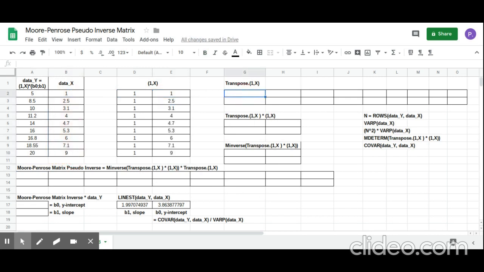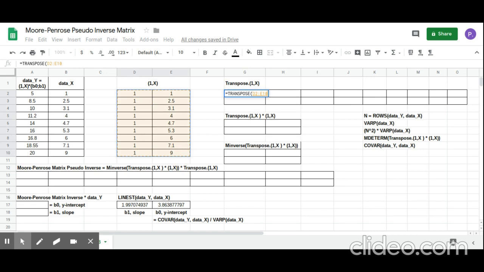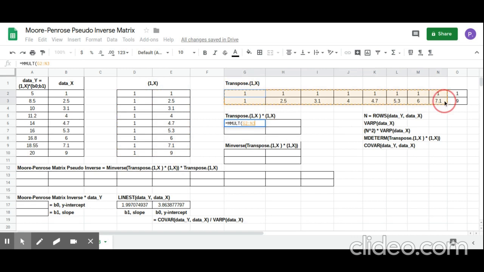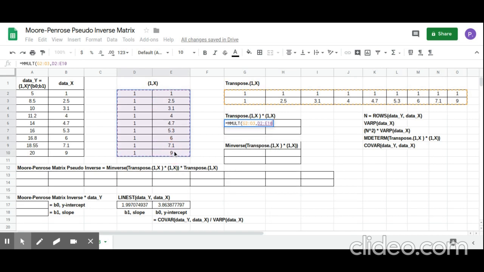Then we transpose. Now that we have the transpose, we multiply the transpose with itself. Now we have a square matrix.